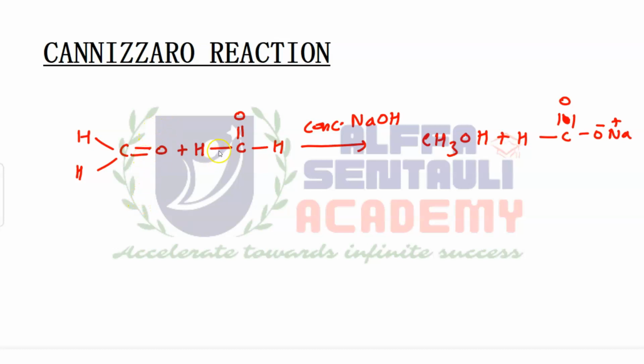We have taken two molecules of formaldehyde, and when we treat this compound in the presence of concentrated NaOH, what is happening? There is a simultaneous oxidation and reduction reaction. Which molecule is getting oxidized and which molecule is getting reduced? Any idea?